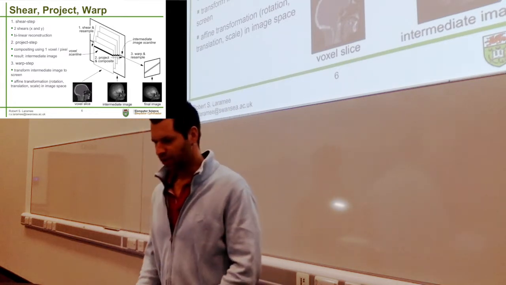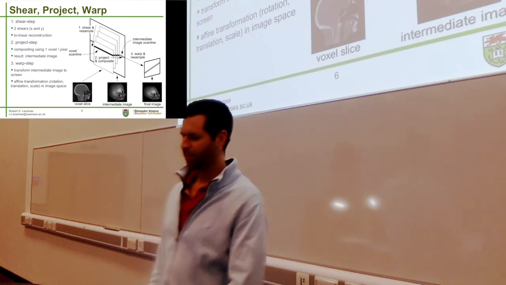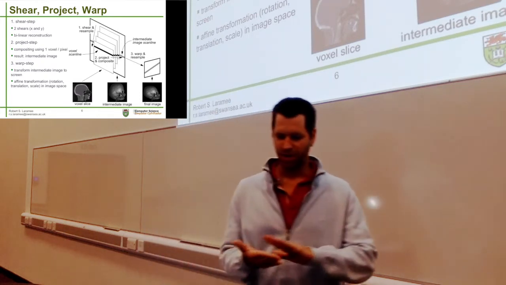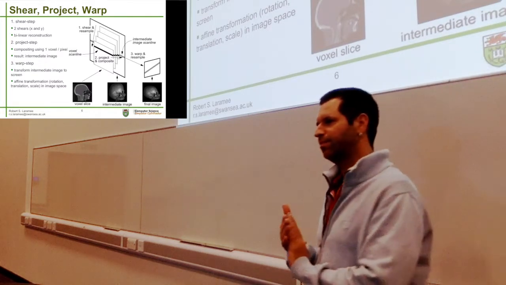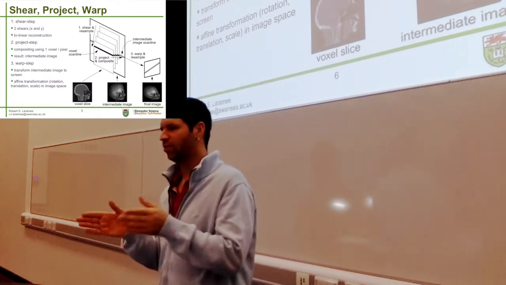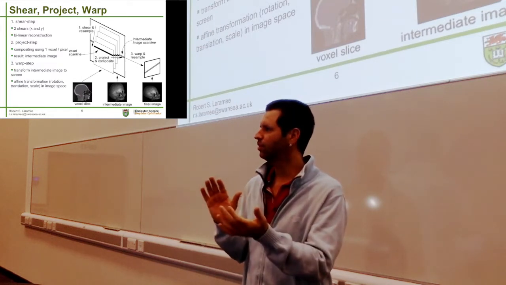So here's another look. Step 1 of the algorithm is called the shear step. That's when the data is organized on slices in a volume, and normally those slices are stacked on top of each other in a cube.